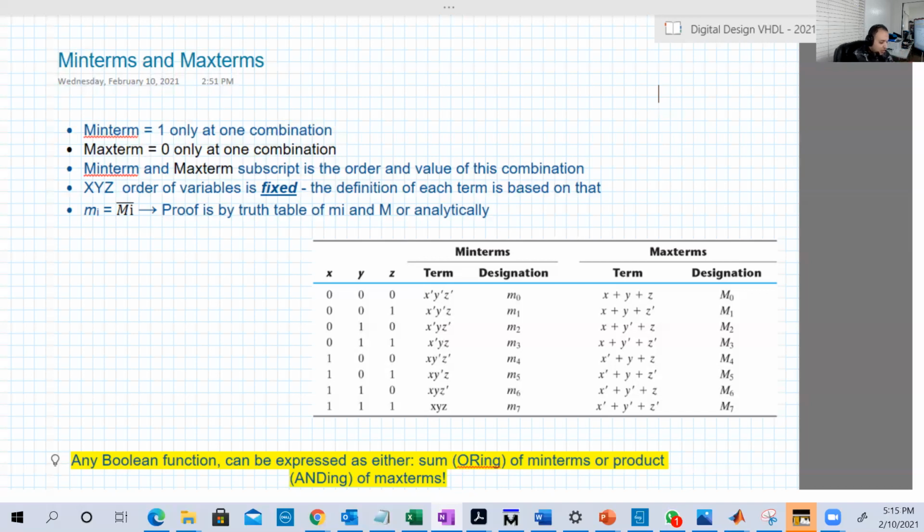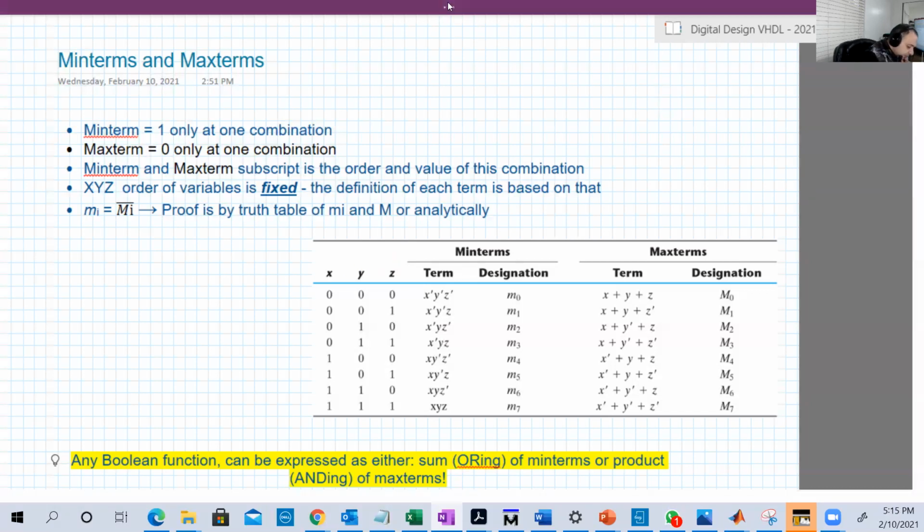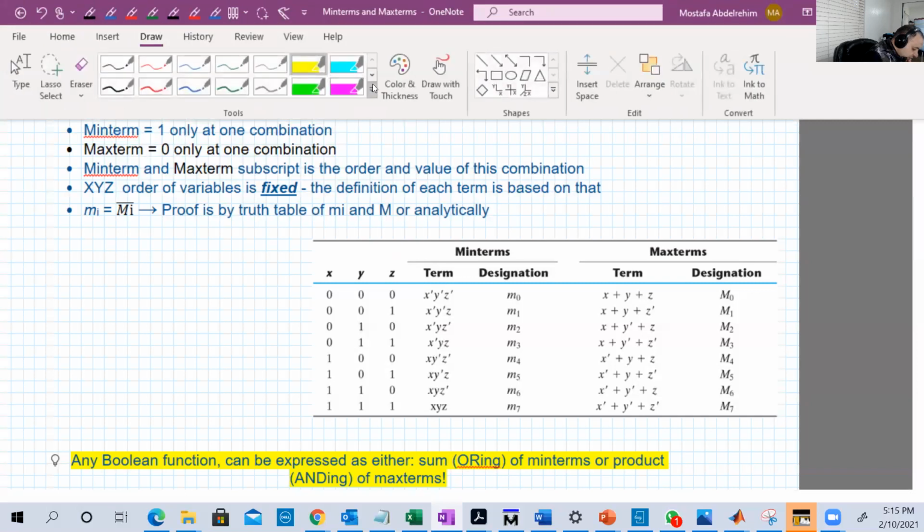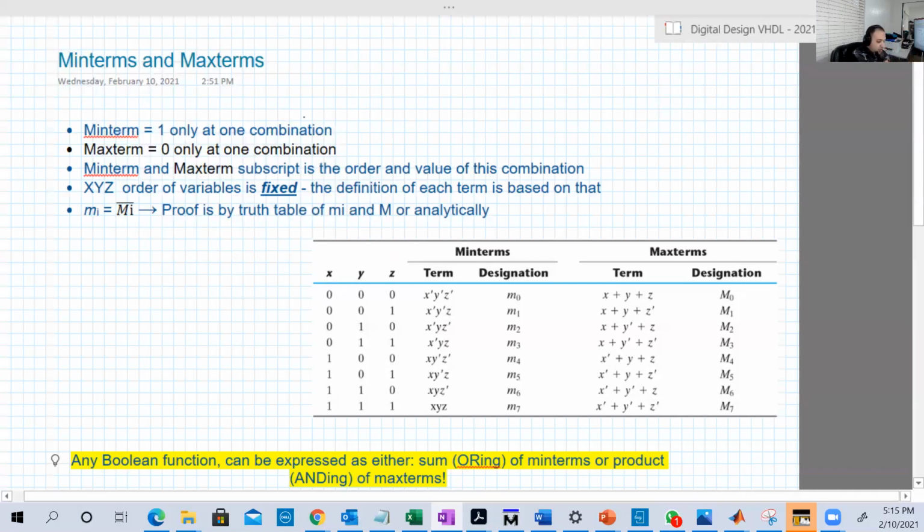For example, in this table we have three variables, x, y, and z, with 8 combinations. As we said, the min term will be one only at one particular combination and zero otherwise. Any max term will be zero at a particular combination and one otherwise.